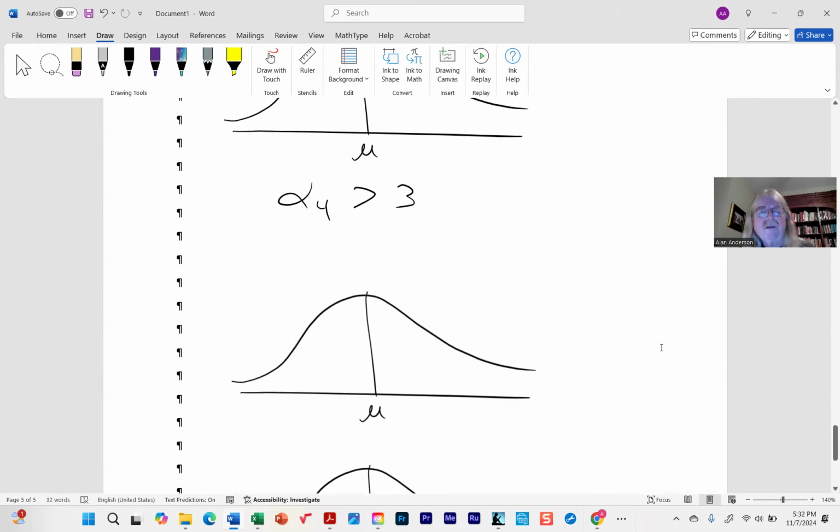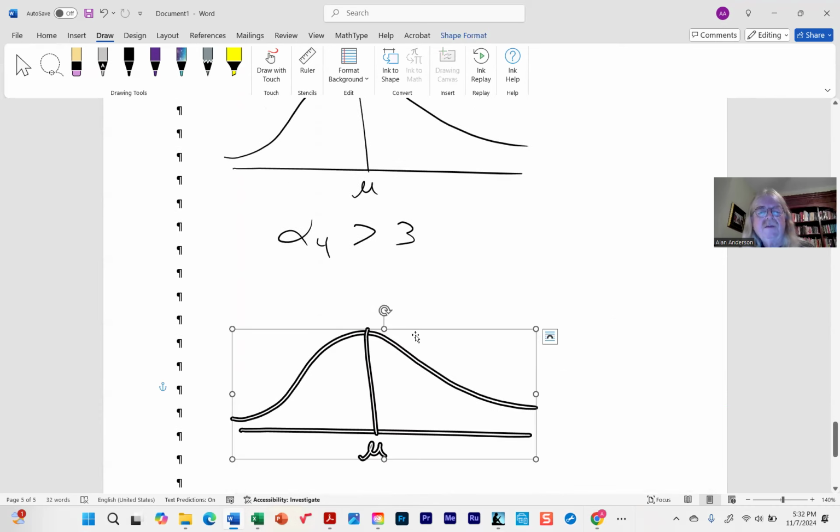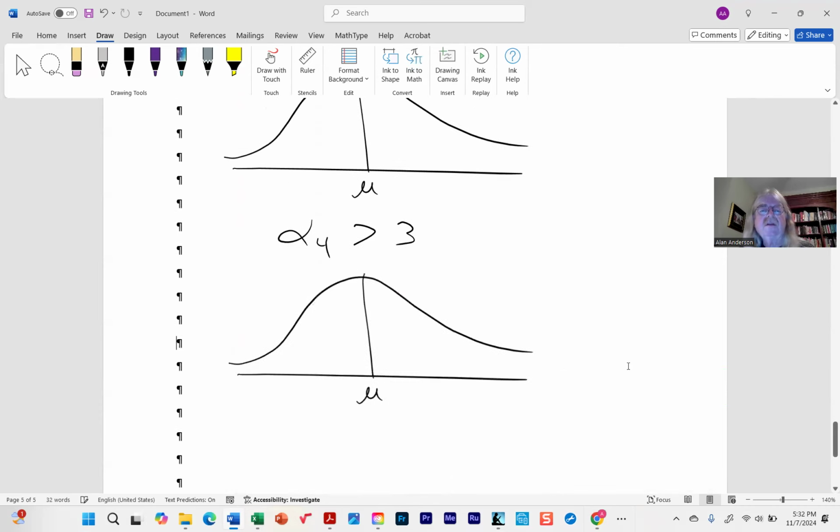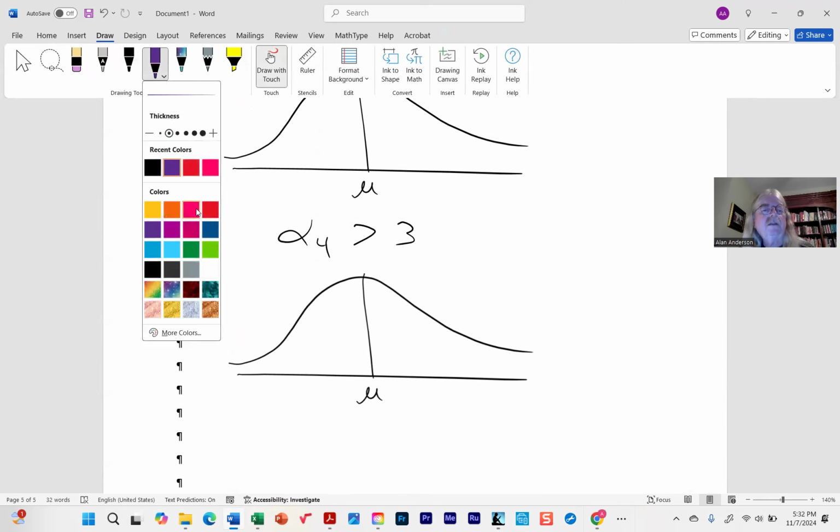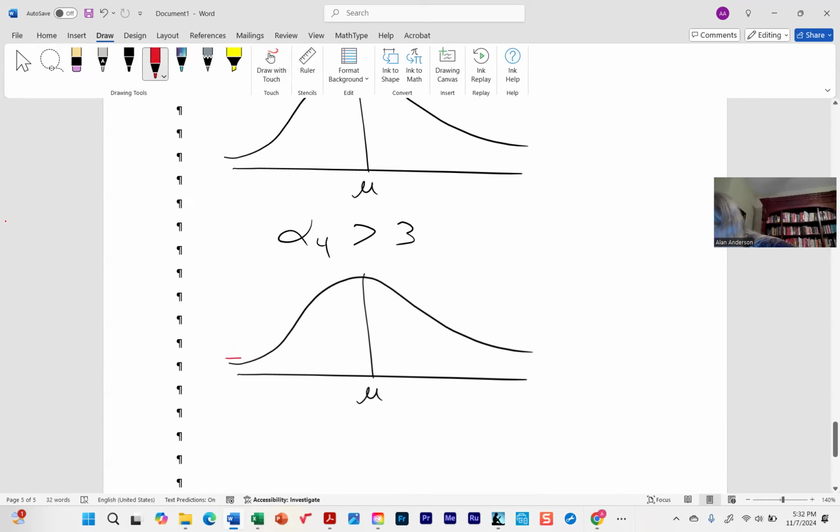So just as a point of comparison, if the kurtosis is greater than 3, then you'll have what are called fat tails, which means more area in the tails, less in the center.